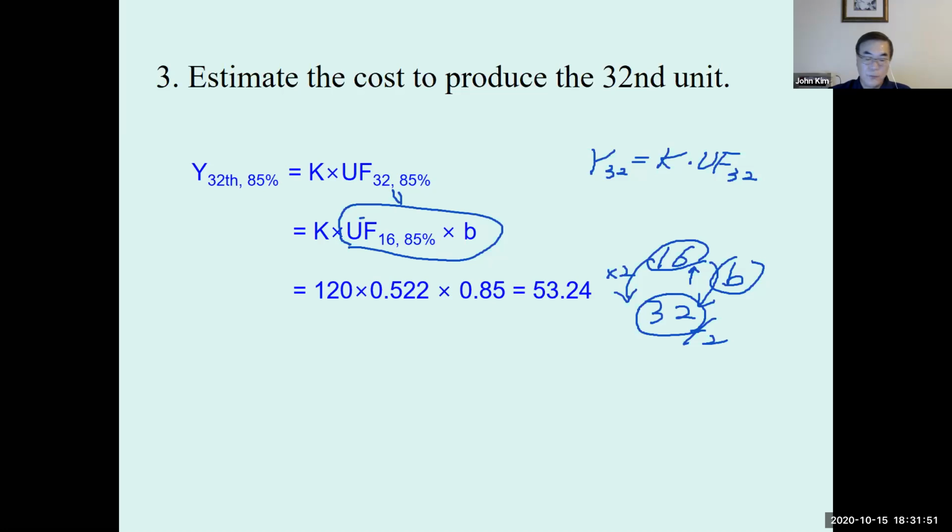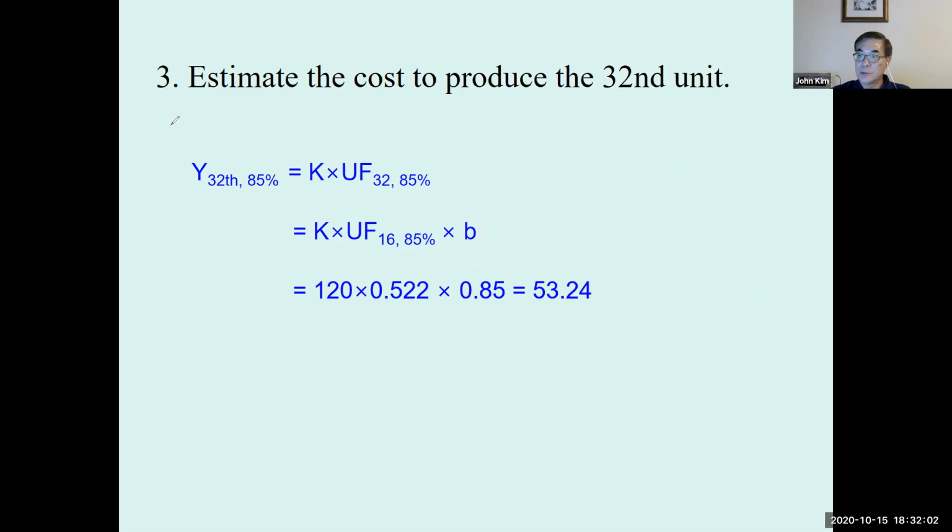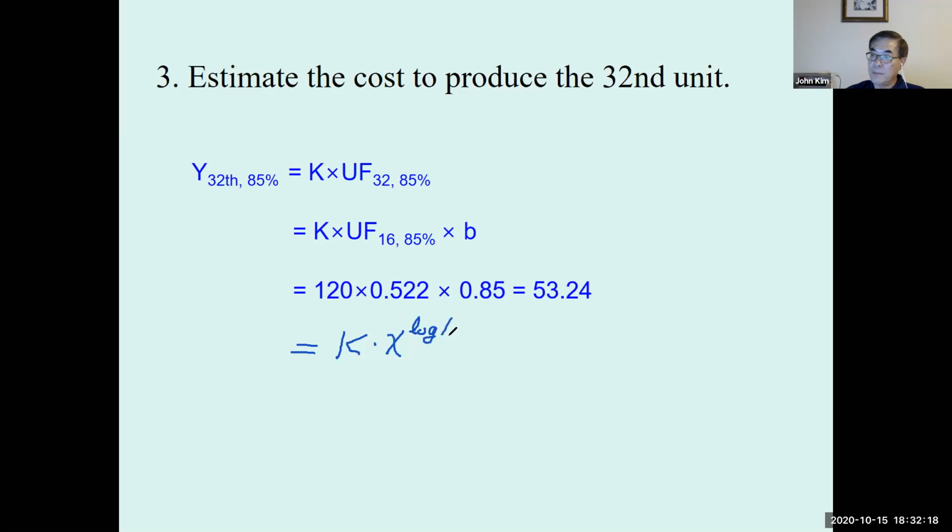Then if we use the logarithmic learning formula, we may write like this: Y equals K times X to the power of log B divided by log 2.